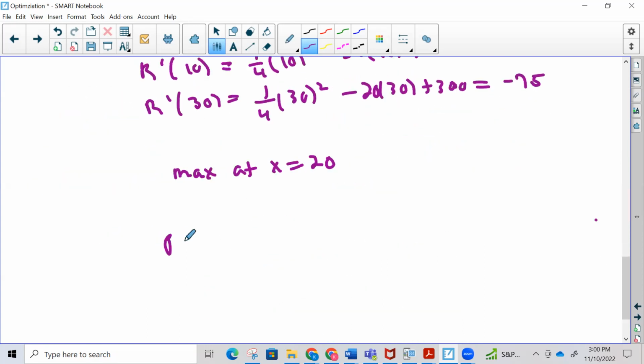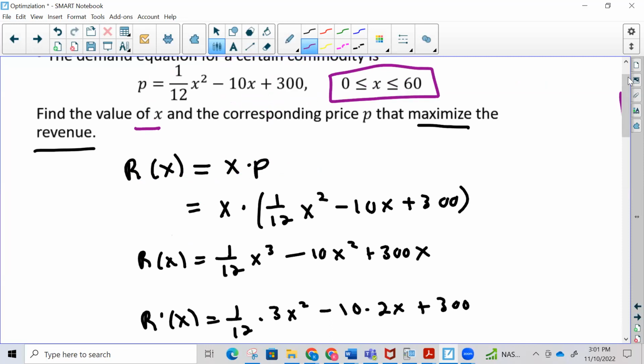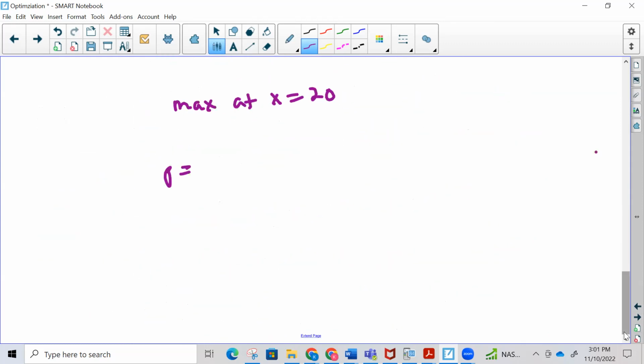So P is 1/12 X squared minus 10X plus 300.